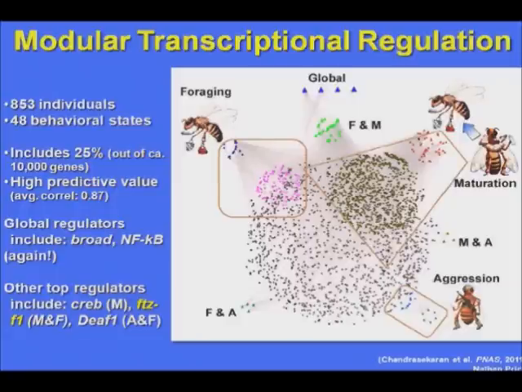I already showed you that we have combinatorial effects going on. So 25% can be modeled based on the predictions from one transcription factor. That was a pleasing result. It said that we had some things to work with, that there is some underlying logic to this approach.